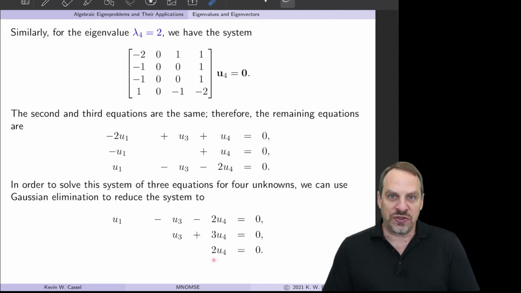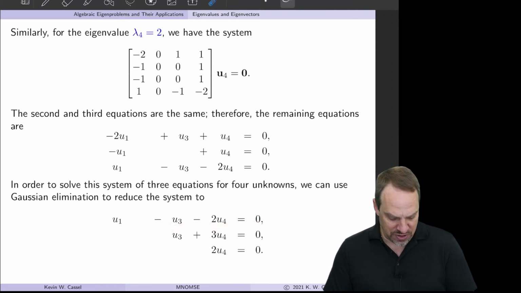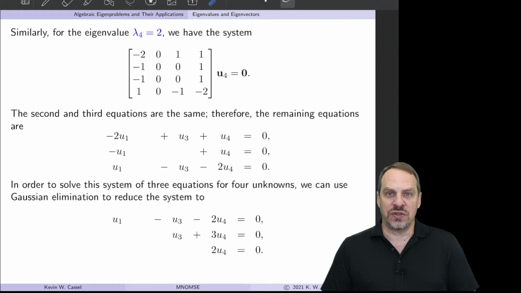So you can now see through back substitution, u4 has to be 0. If u4 is 0, then u3 has to be 0. If u3 and u4 are 0, then u1 also has to be 0. You'll notice u2 does not appear anywhere in our equations. So whereas u1, u3, u4 all have to be 0, u2 can be completely arbitrary because it's multiplied by 0.